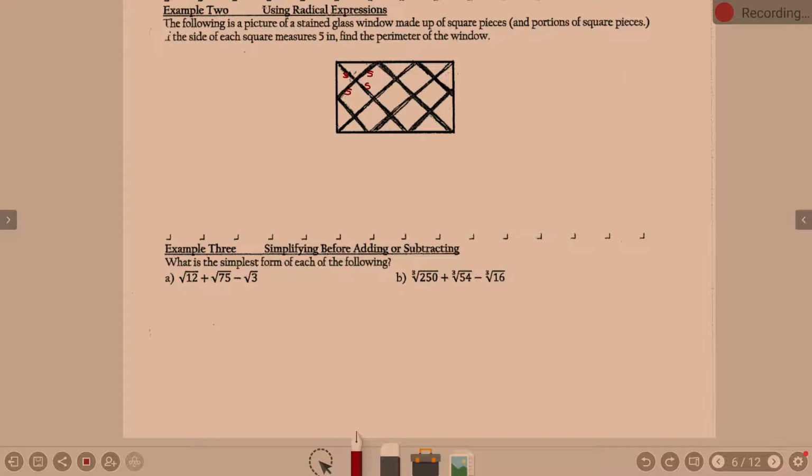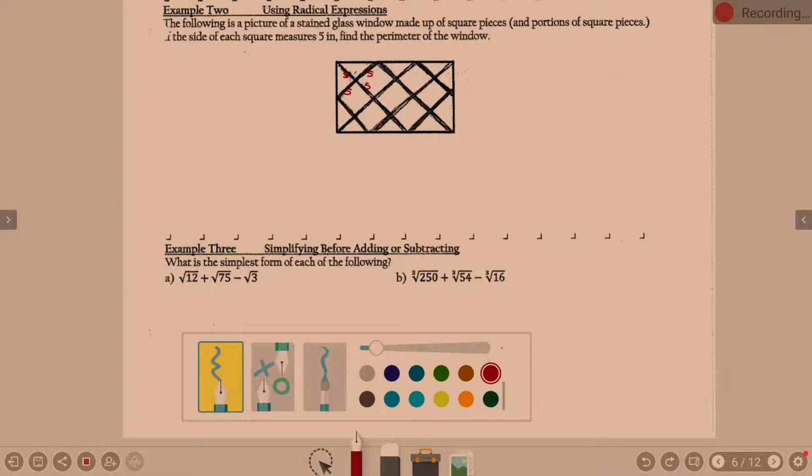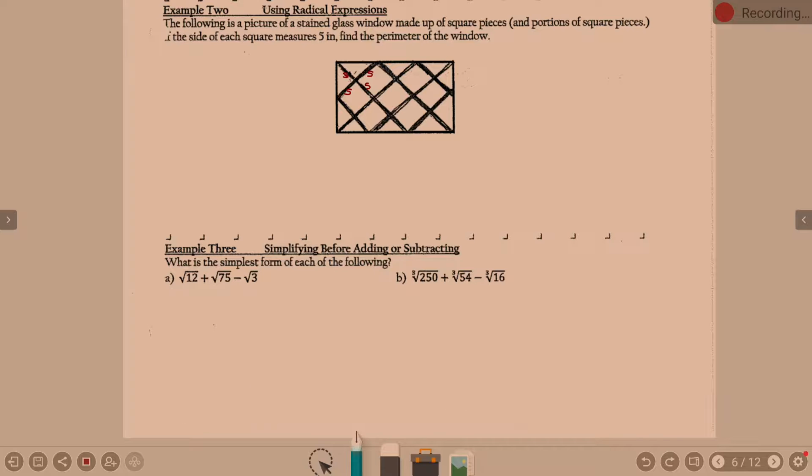What do we need to know to be able to do this? If I draw that in right there, is that 5? What portion of the square is that? It's half of the square.